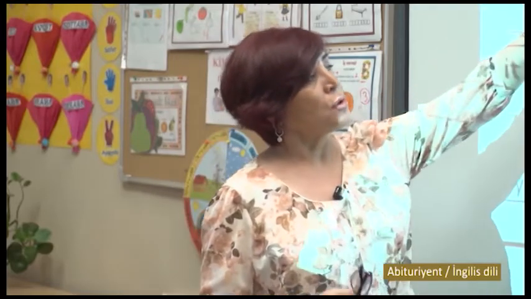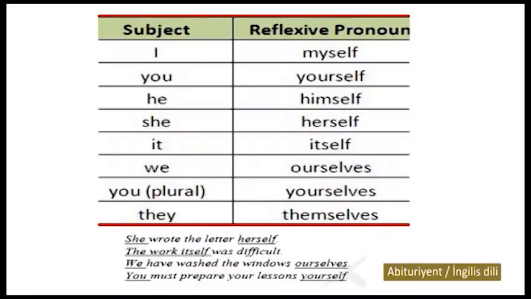And pay attention to the forming of reflexive pronouns. For the first person singular, we take its possessive form plus self. Self for singular and selves for plural. I, myself, you, yourself, she, herself, then we, ourselves, you, yourselves.